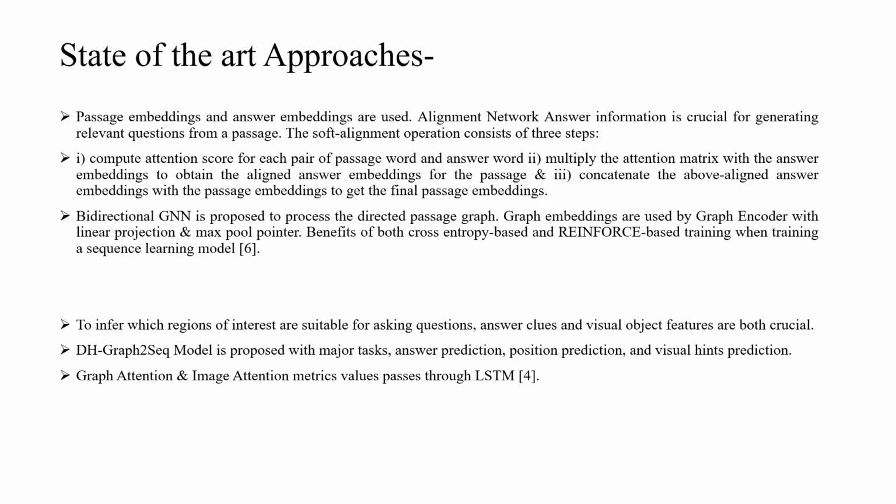First is to compute the attention score for each pair of passage word and answer word. Next is to multiply the attention matrix with the answer embedding to obtain aligned answer embeddings for the passage. And third is to concatenate the above aligned answer embeddings and passage embeddings to get one final embedding that we can further use for the bidirectional graph neural network.